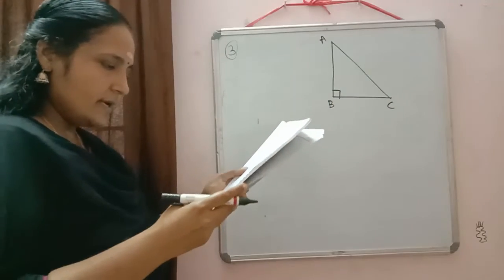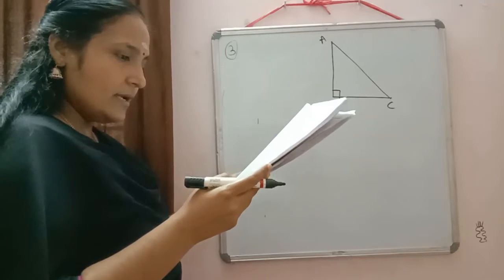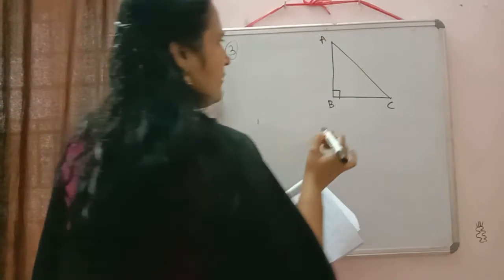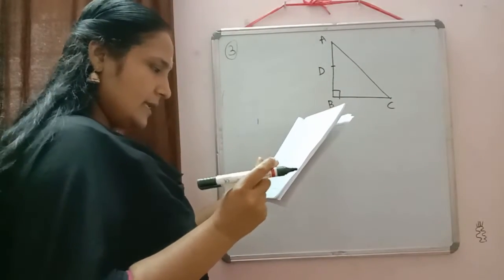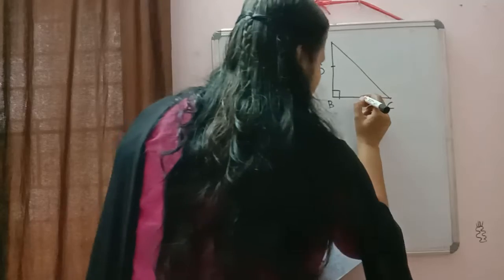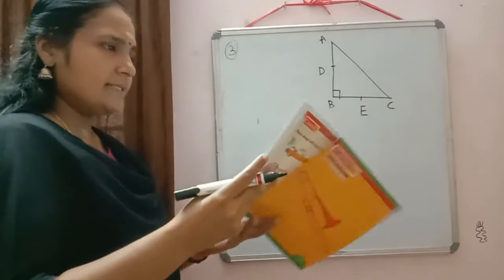And then what is written? D is a point on AB. So somewhere we can mark the point D, and then E is a point on BC. So somewhere we have the point E also on BC.